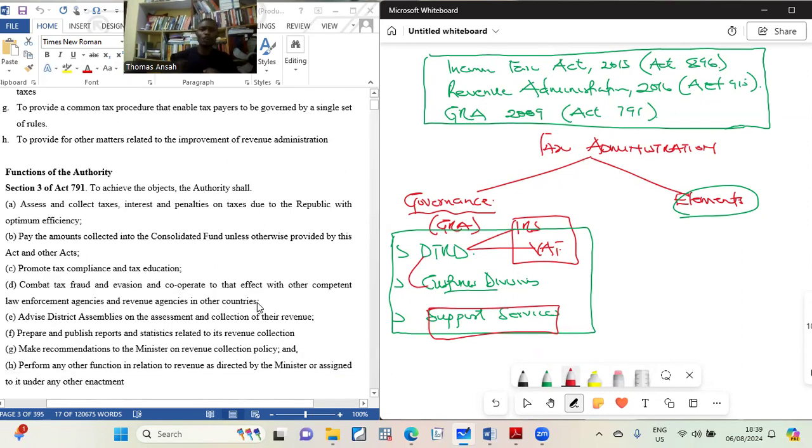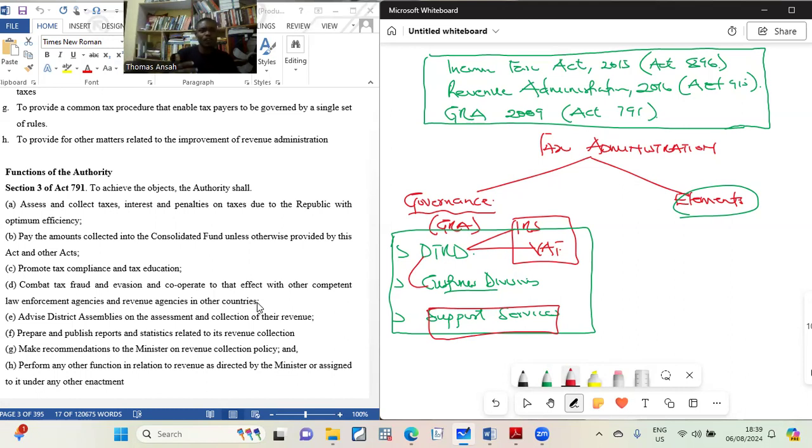Now, I'll give you an acronym that you will use to remember it. Listen, the function of an entity is tied to its object, because your objective determines your function.